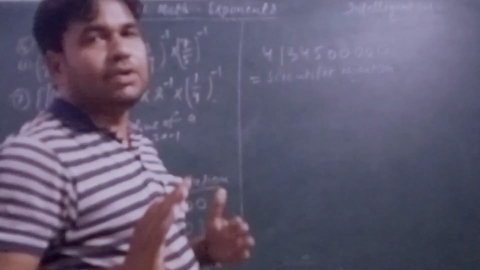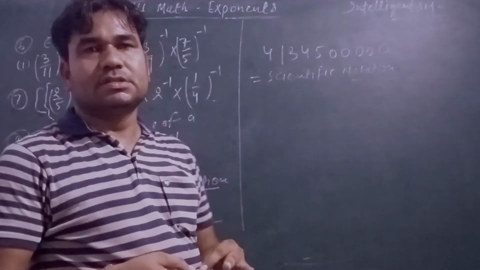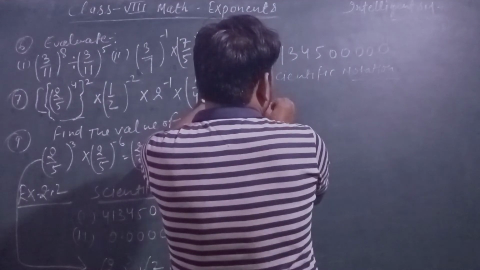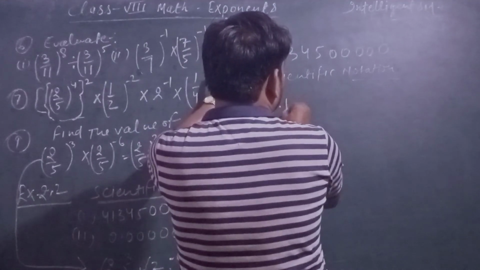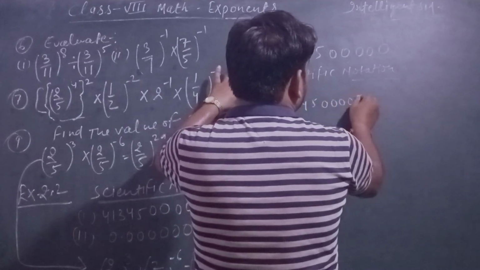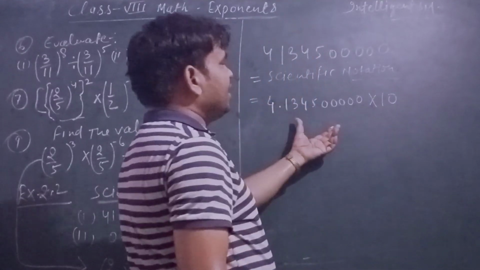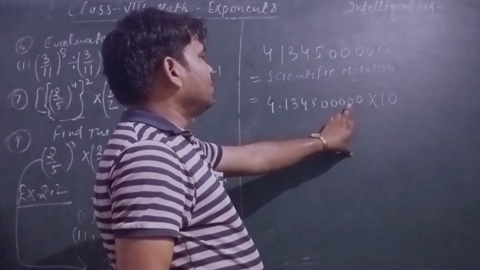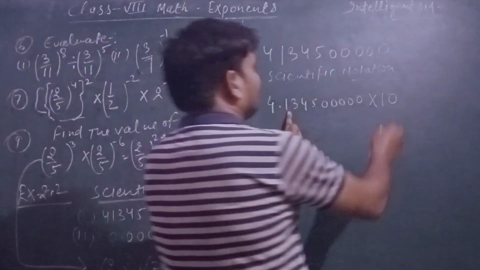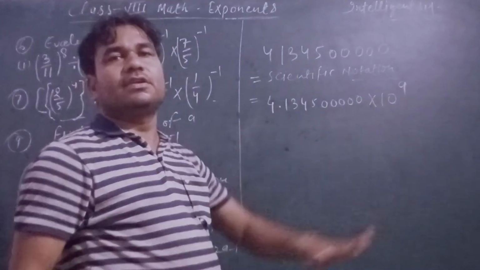In scientific notation we write the given value in powers of 10. So this is the number; we can write it as 4.1345 and 10 to the power of, how many digits, 1 2 3 4 5 6 7 8 9. So we multiply by 10^9. So this is the scientific notation, students.